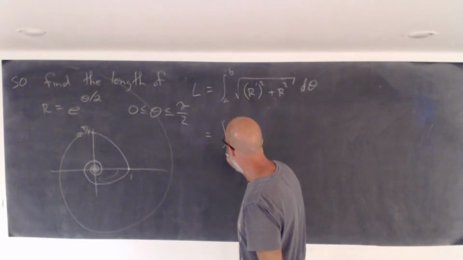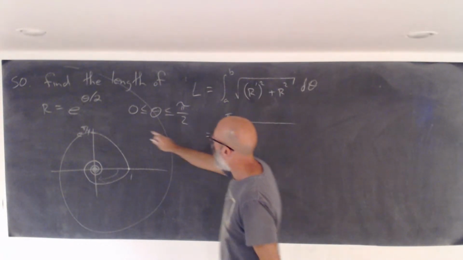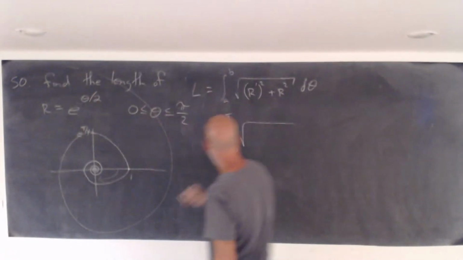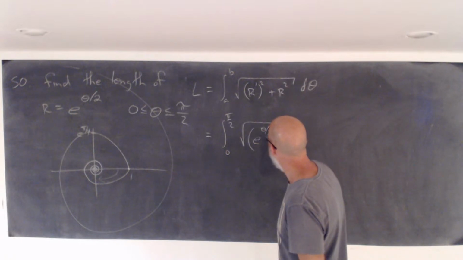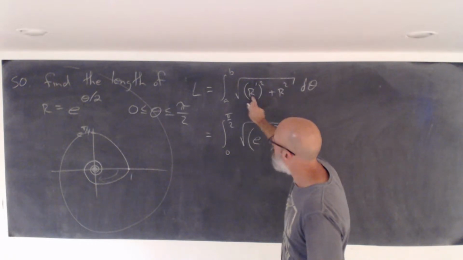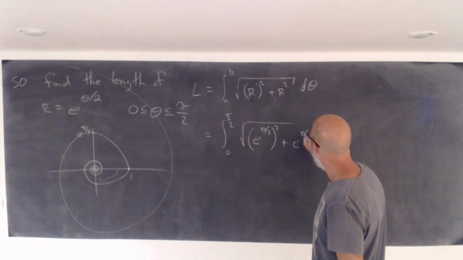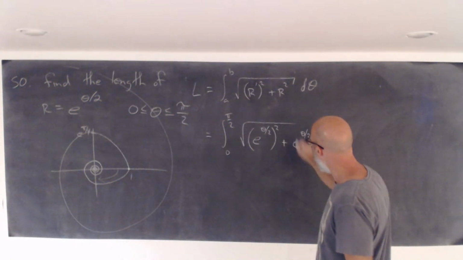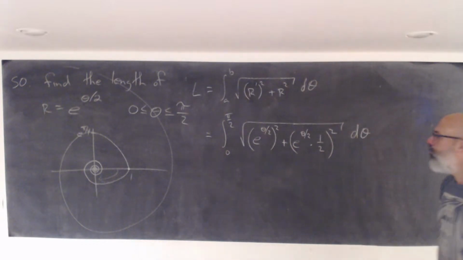Here, this is the integral from 0 to pi over 2. R is this. So r squared, e to the theta over 2 squared, plus the derivative, which is e to the theta over 2 times 1/2, squared, d theta.